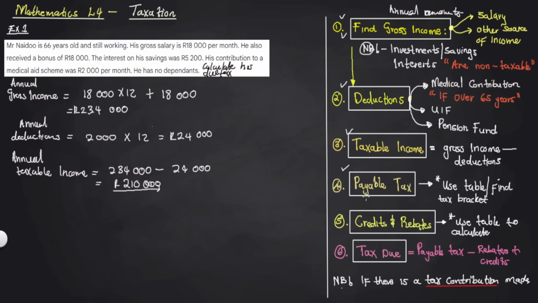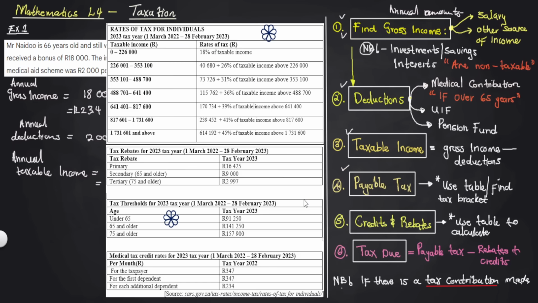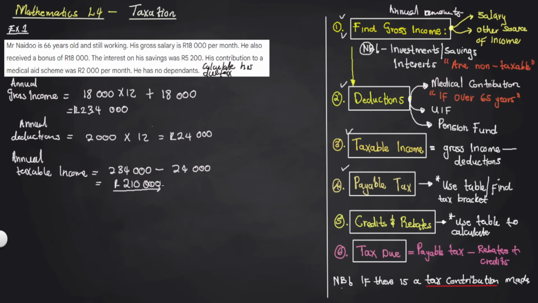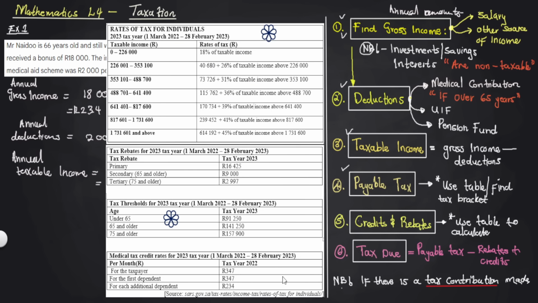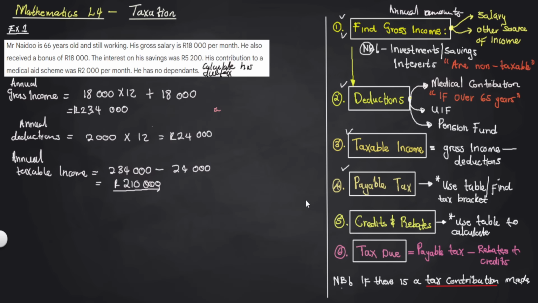Now let's go ahead and calculate the payable tax. How do we calculate the payable tax? We consult this table. Now, if this is the taxable income, you go to the table. On this table, you need to spot the bracket where this 210,000 is found.